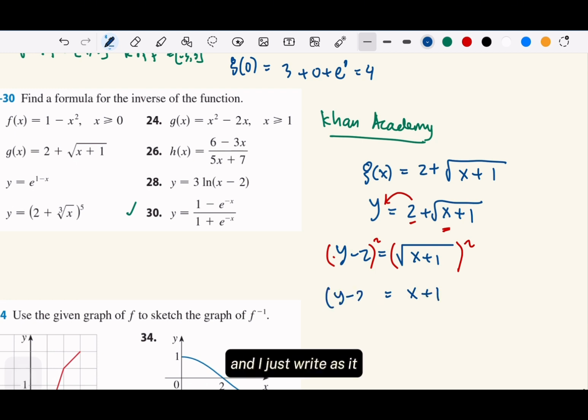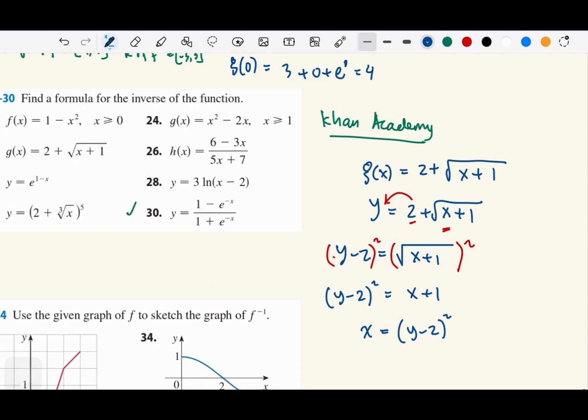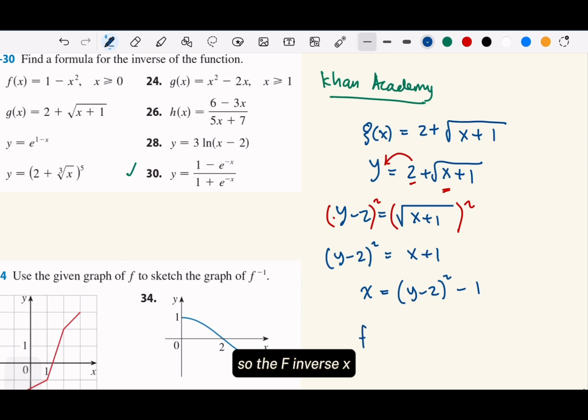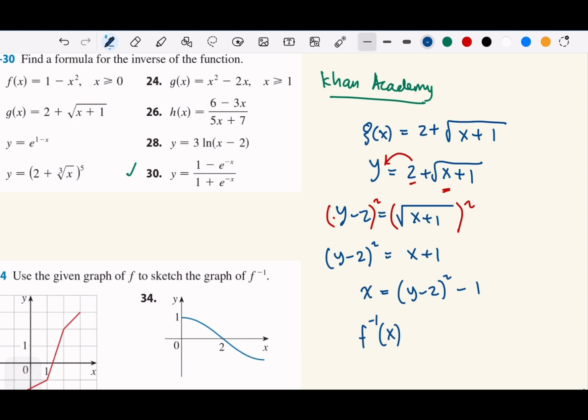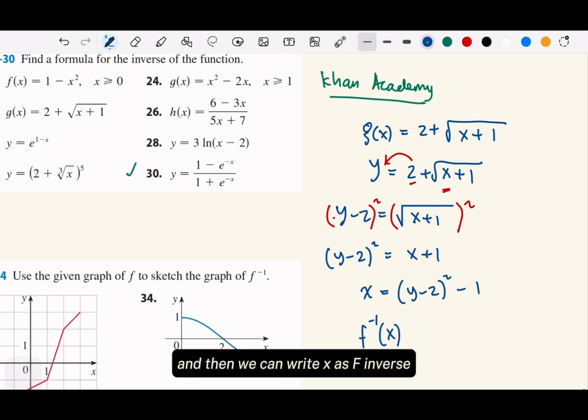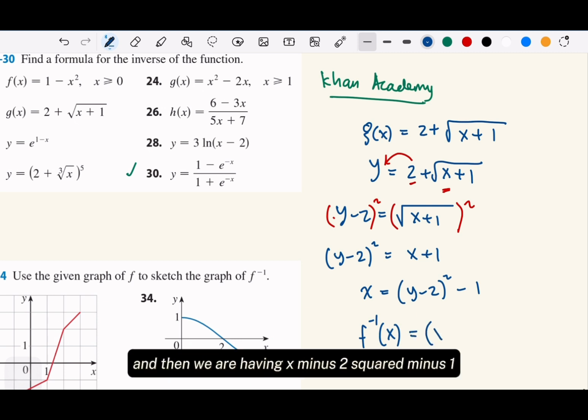And let's just write it as it is, okay? So x is (y - 2) squared minus 1. So the f inverse of x: after we get this solution for x, we exchange x and y, and then we can write f inverse of x equals (x - 2) squared minus 1.